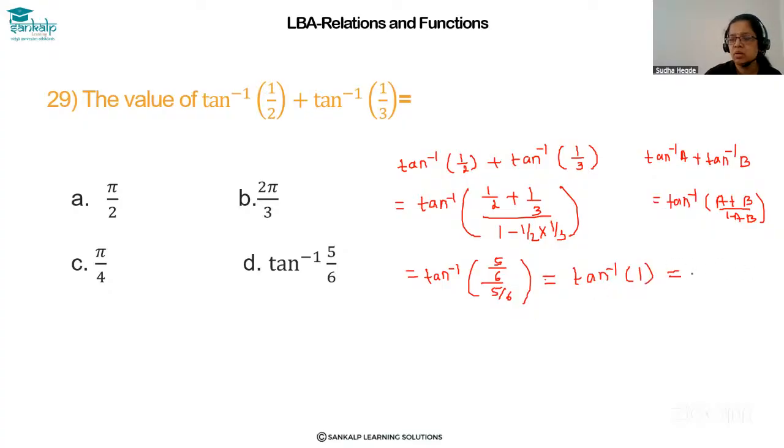It is pi by 4, or tan pi by 4 is equal to 1. Therefore, tan inverse 1 is equal to pi by 4. So option C, pi by 4 is the correct answer. Here the major step is you need to use the tan inverse A plus tan inverse B formula. If you know that one, it's a very easy question. Okay, thank you.